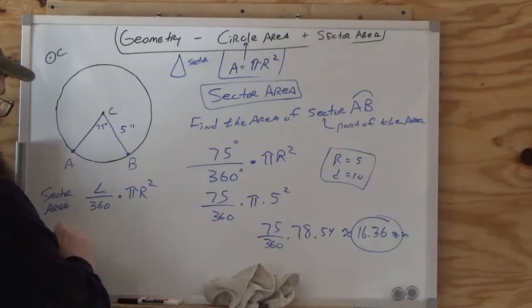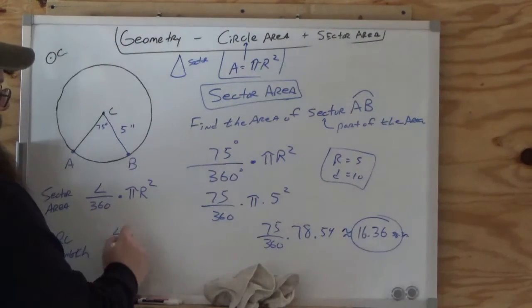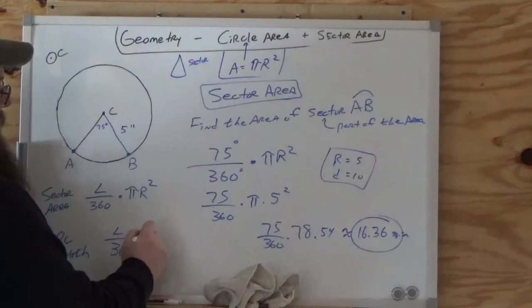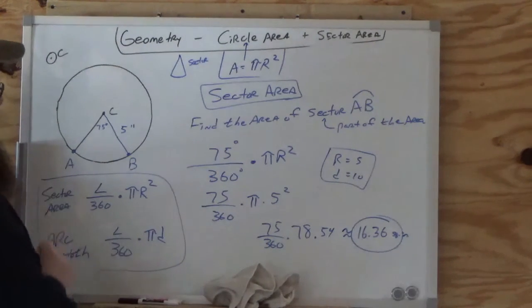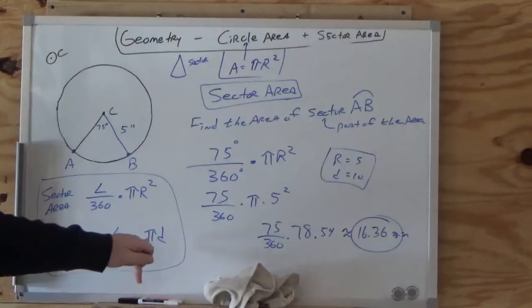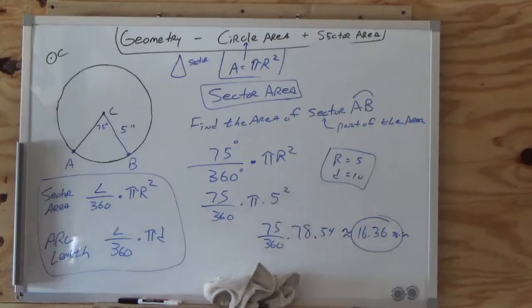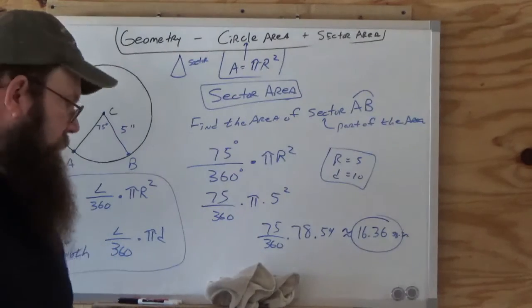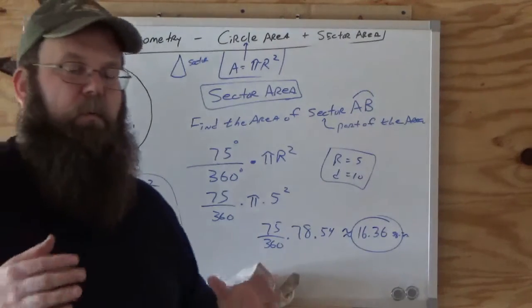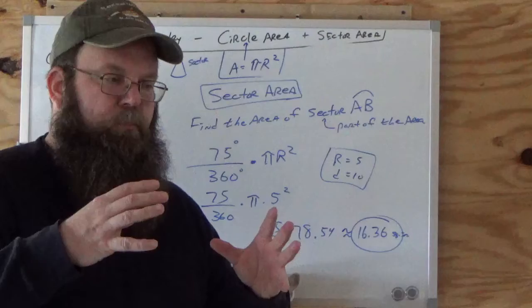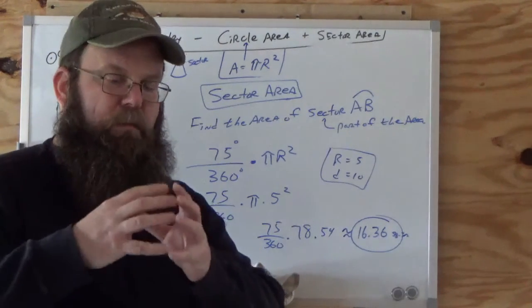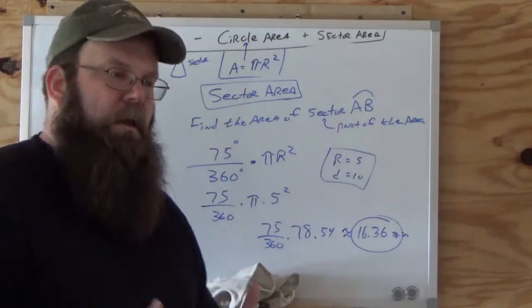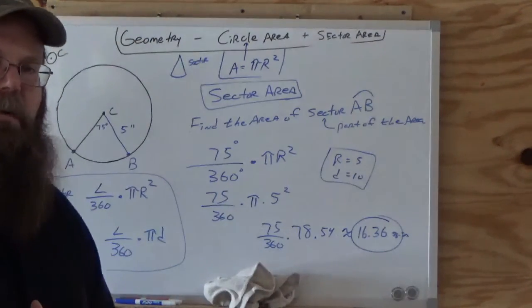When we did arc length, look at how close it looks. It's angle out of 360 times pi times d. What's the difference? One time we're using circumference, one time we're using area. Very, very similar. Now, of course, we're going to use these as tools in problems that are a little bit bigger than themselves. But here they are. That's pretty much how easy it is.